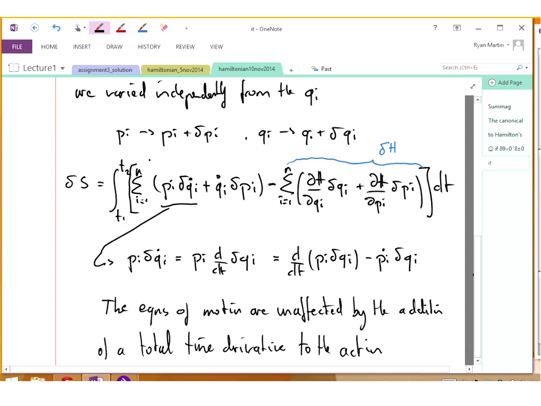In other words, this whole thing I have in brackets here, in the delta S, is really equal to the Lagrangian, right? And so what I've done is I've written the Lagrangian as this sum of all these things, and then using this last line here, one of those things is a total time derivative of Pi delta Qi. So the equations of motion aren't affected by adding a total time derivative in the Lagrangian.